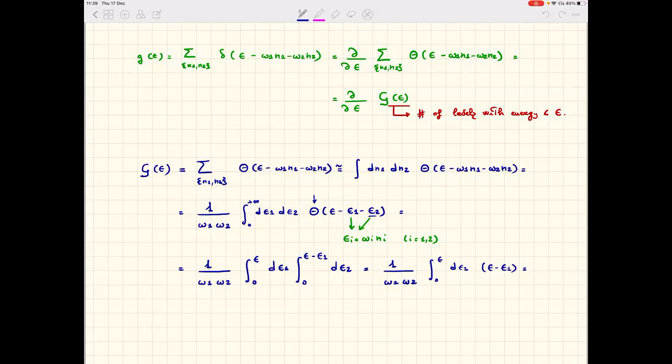Anyway, if you now do this integral, you will get that this is epsilon squared over 2 omega 1 omega 2.